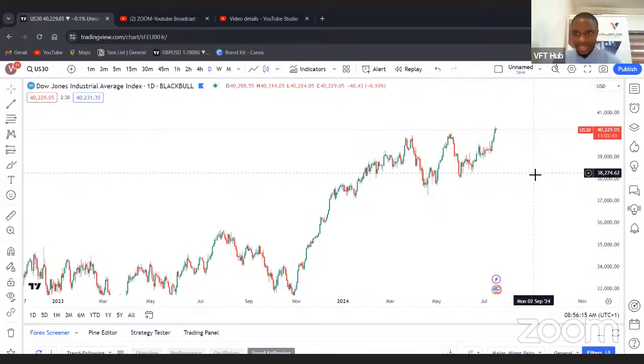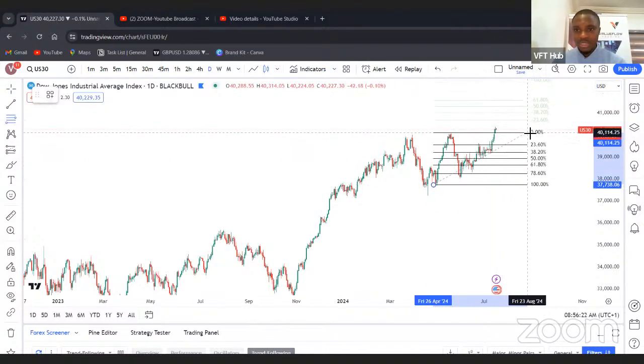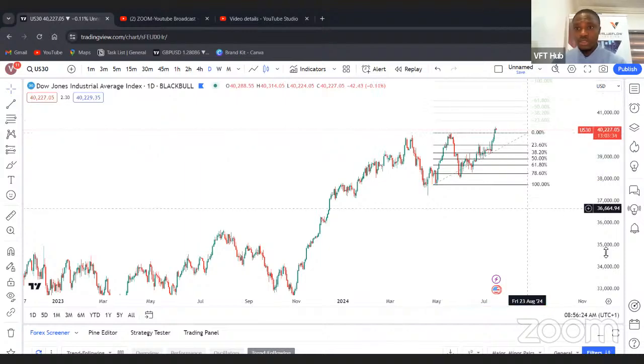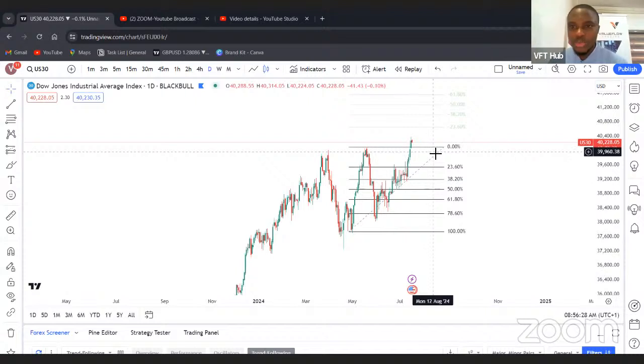And what were we looking for? Everybody that follows market color, especially Tuesday market color for indices and commodities, we've been shouting that US 30 is going to the 0.0% fib level, right?